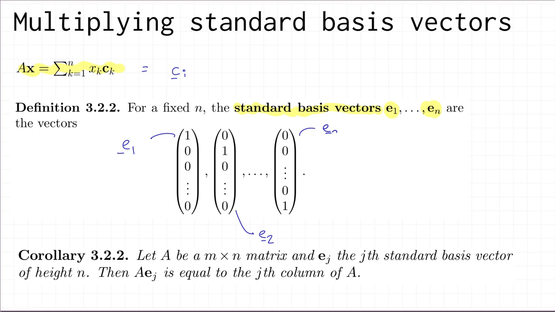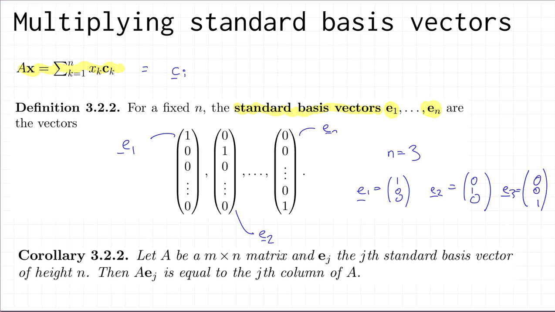So that's the definition of these standard basis vectors. For example, if n is equal to 3, there will be 3 standard basis vectors: e1 will be 1, 0, 0; e2 would be 0, 1, 0; and e3 would be 0, 0, 1.